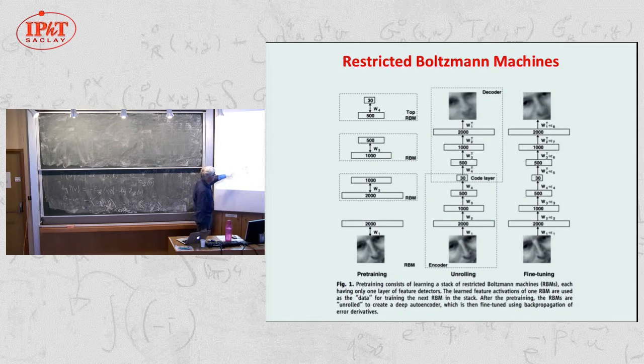So the idea that Hinton and Salakhutdinov had was to do some kind of pre-training of the weights, and they used RBMs to do that. First, with the unsupervised training scheme I've just shown, you have your visible configuration here, your data. Then the first hidden layer of the autoencoder can be seen as the output layer of the RBM. So you do some pre-training here, and you compute the W1.